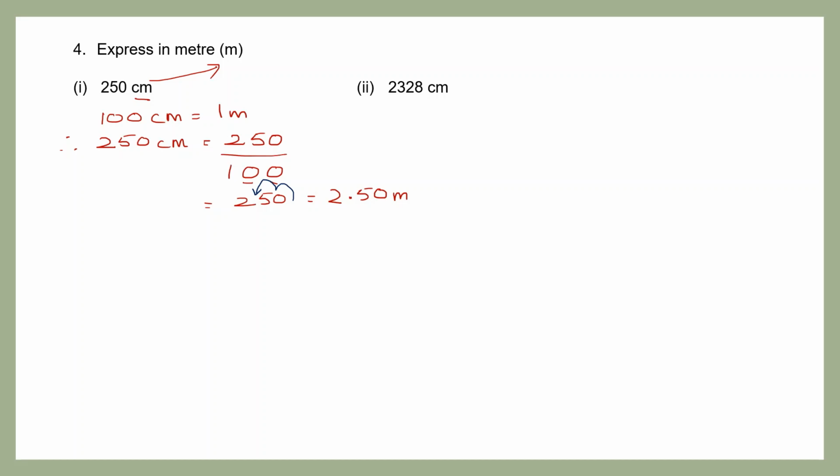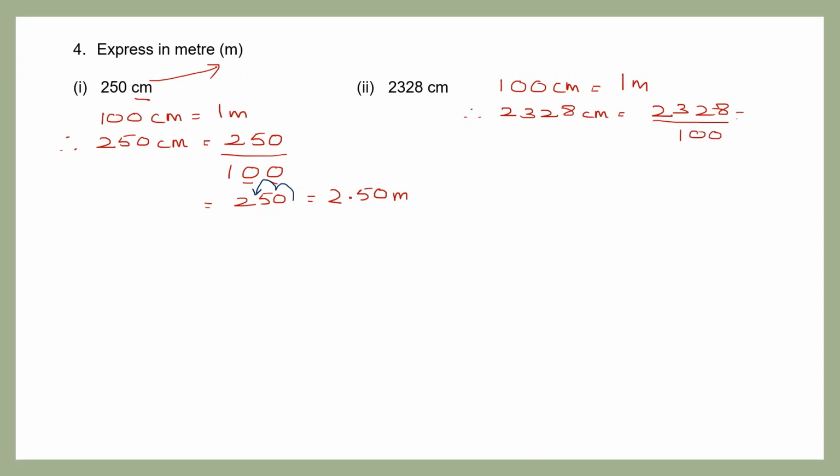Second question, 2328 centimeters converted to meters. So 100 centimeters make 1 meter. Therefore, 2328 centimeters will be 2328 divided by 100.